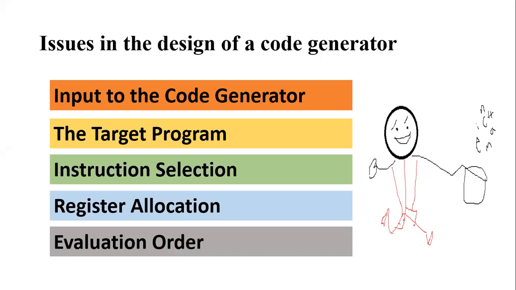So how evaluation order contributes to the generation of efficient code. So these all are the issues we have to consider when designing a code generator: input to the code generator, the target program, instruction selection, register allocation, evaluation order. Okay, now we'll discuss this one by one.